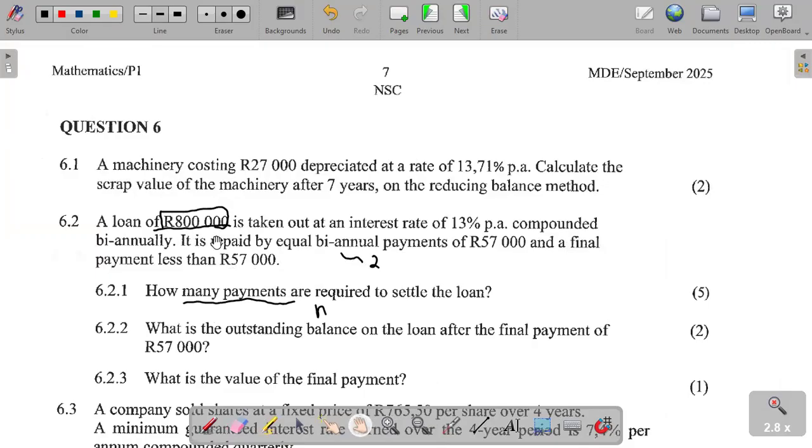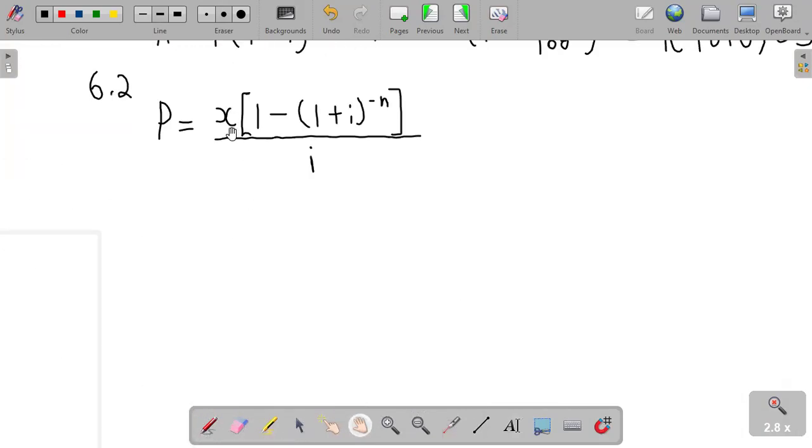So yes, our P is 800,000. So then our X is 57,000.